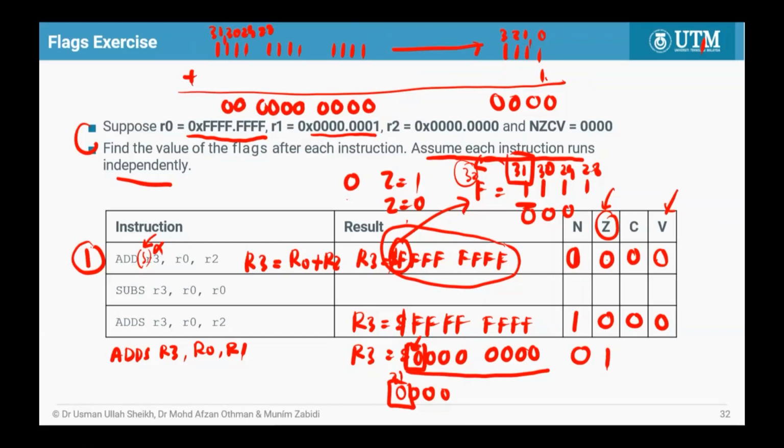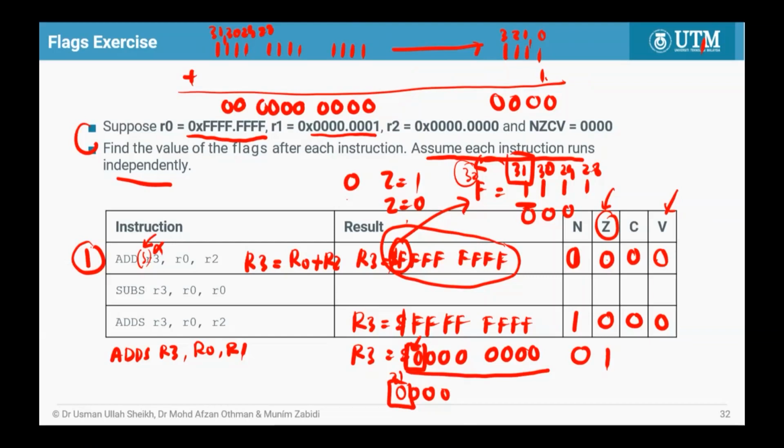It depends on signed number or unsigned number. Let's assume this is an unsigned number. The negative here depends on bit 31.